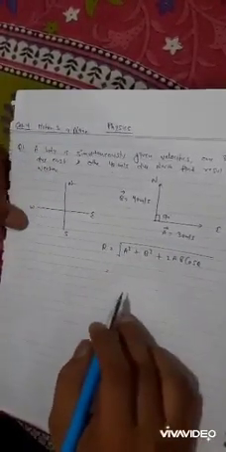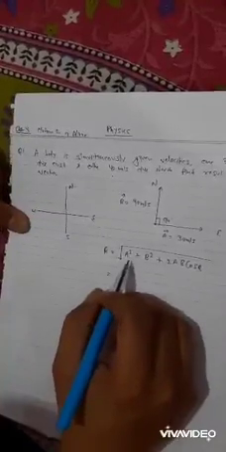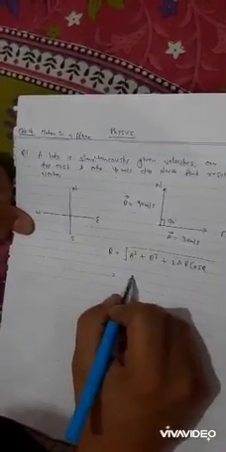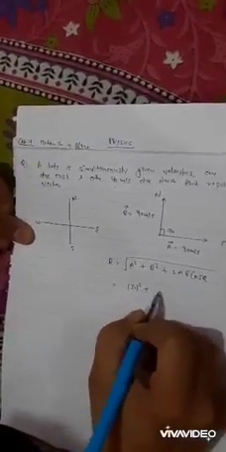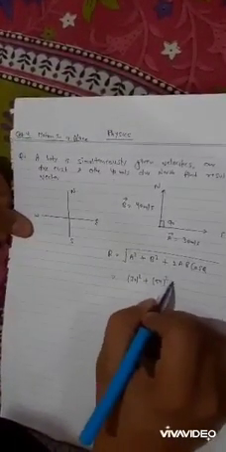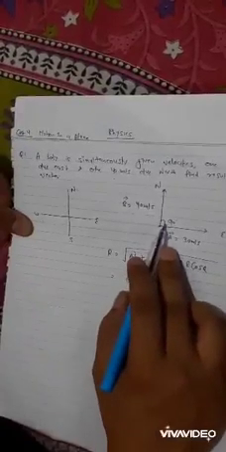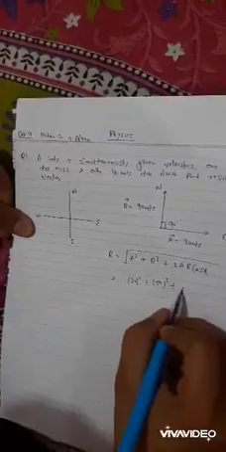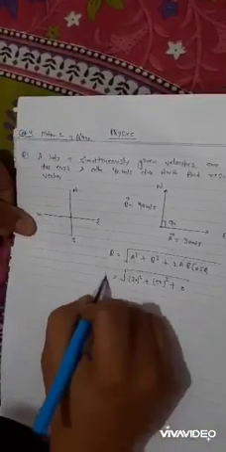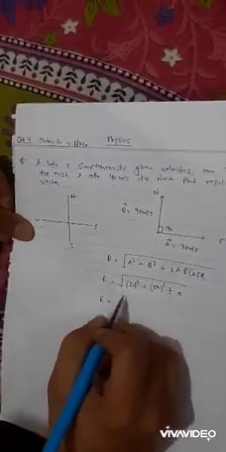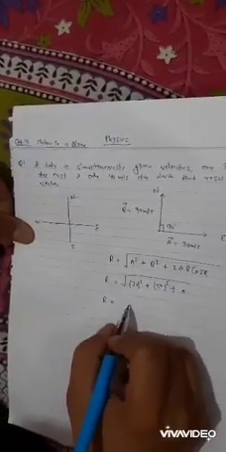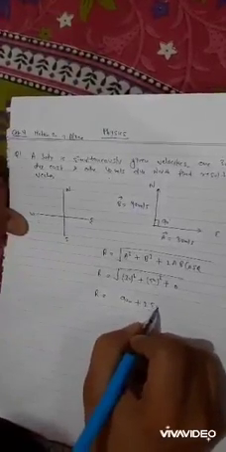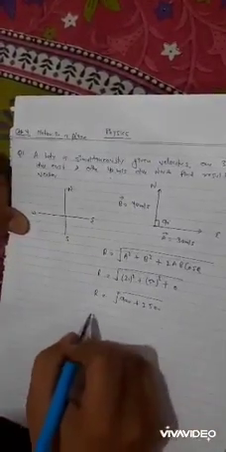We put in the values: a square means 30 square, b square means 40 square, plus the cos 90 term. The value of cos 90 is 0, so this whole term is 0.